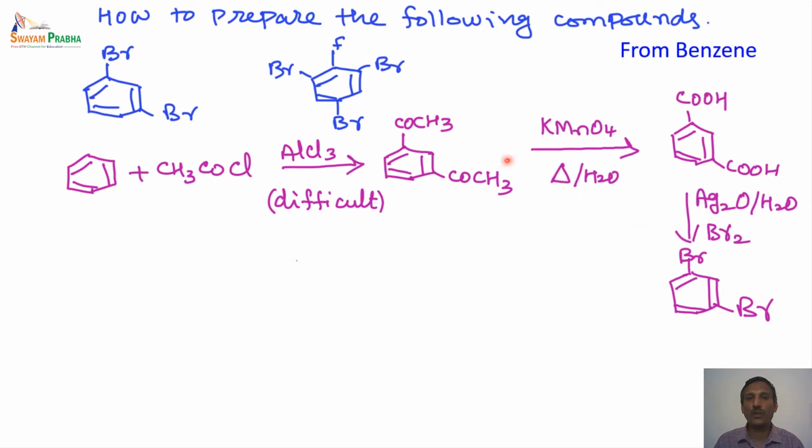So this is one method by which a carboxylic acid can be converted to bromo using the Hunsdiecker reaction, and Friedel-Crafts acylation reaction is also employed. So these are the two name reactions which can be employed to make the corresponding dibromo derivative.